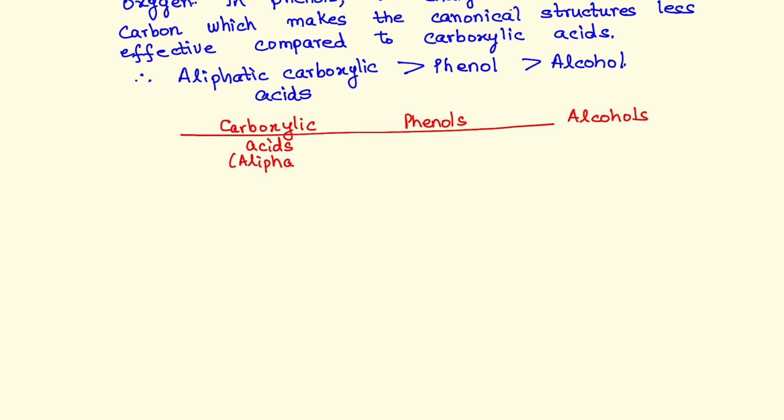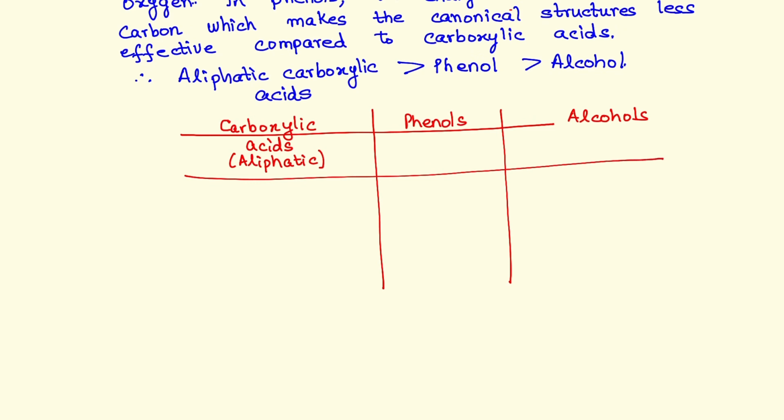We are not talking about aromatic as of now. And under these 3 columns, discuss out of all the 4 properties of carboxylic acids about which we spoke in the first video, that is a reaction with active metals, that is liberation of hydrogen.